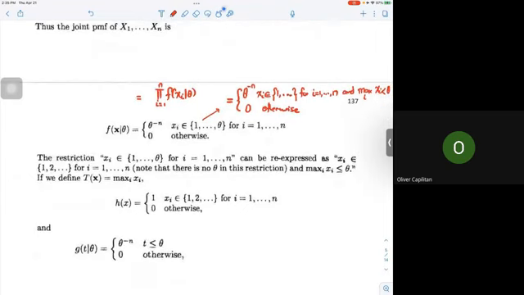So the restriction that x sub i from 1 up to theta, okay, for i from 1 up to n can be re-expressed as x sub i an element of this. So there's no theta in this restriction, but we have an additional condition here that the maximum of the x sub i should be less than theta.